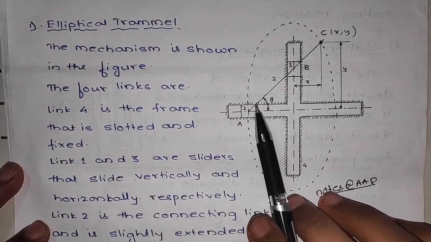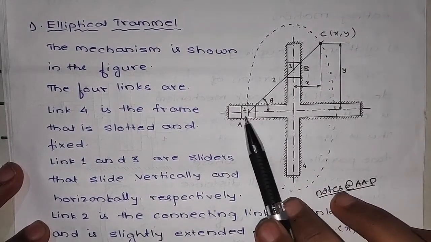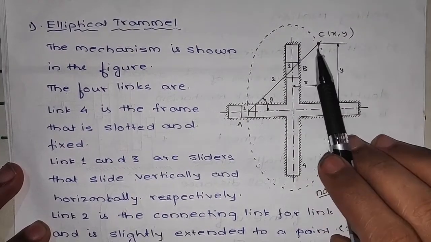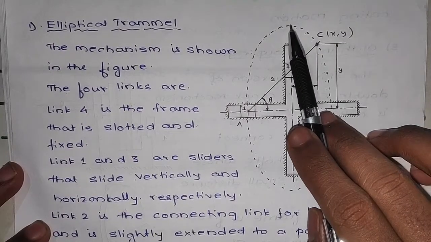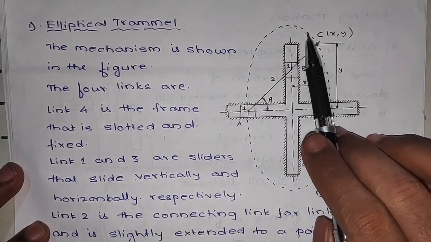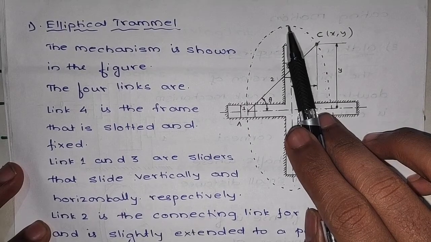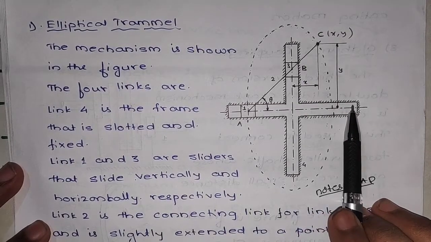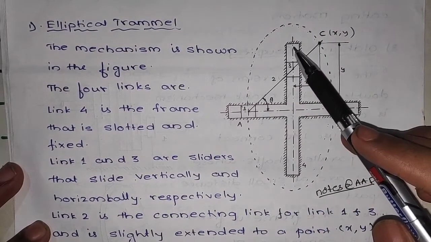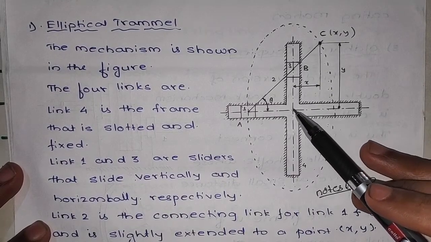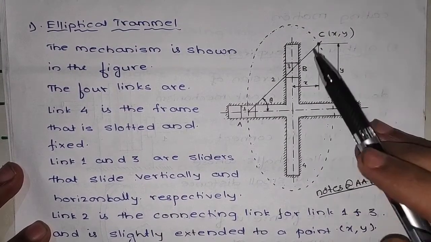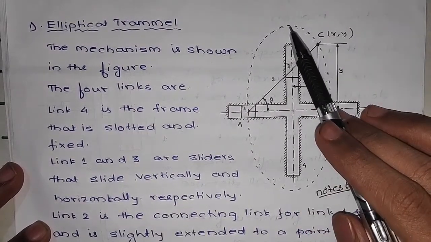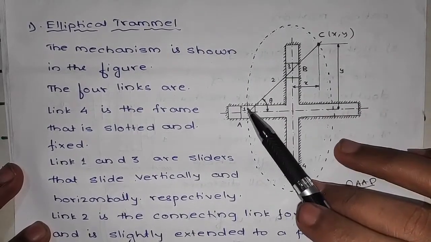If you see here, when slider number 1 is in the center, slider number 3 will be at this top position, and this point C will be exactly at this position. So by now it has already traced this part of the ellipse. Now as this slider from the center position moves towards the right, the slider from the top position comes to the center over here. At that position this point C will reach this position over here.